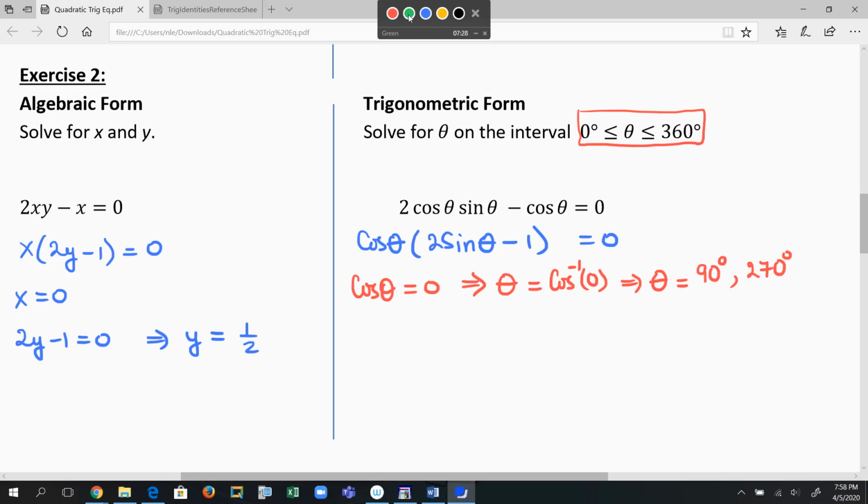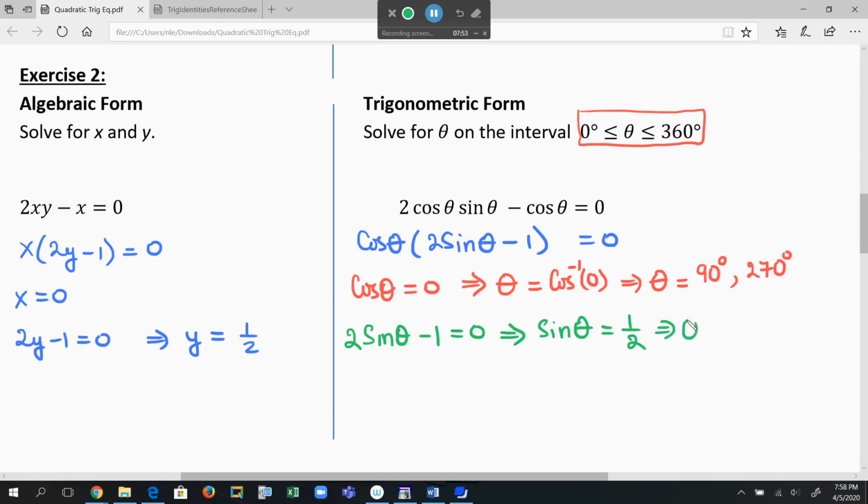Now we'll look at the next one. We set the next factor, 2 times sine theta minus 1, equal to 0. Solving for sine theta, sine theta is 1/2. Now we find the angle theta.